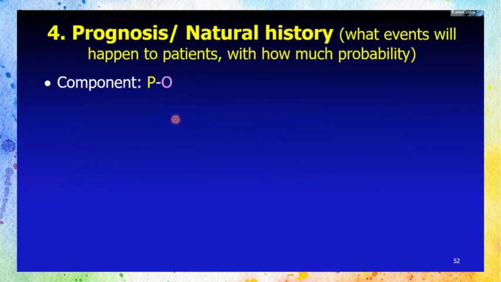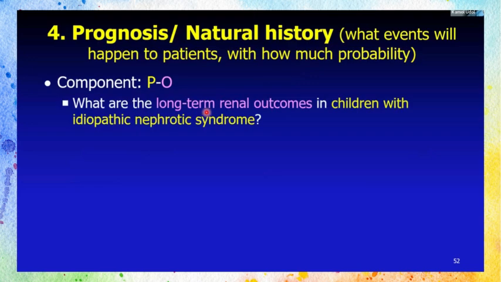The fourth group, research questions regarding prognosis or natural history of disease. What events will happen to patients with how much probability? This group is similar to group one in that it's the states of nature, the question regarding the states of nature. So the components will be just P and O, two components, similar to the first category.